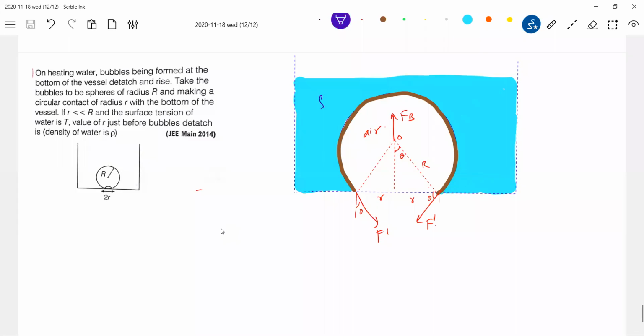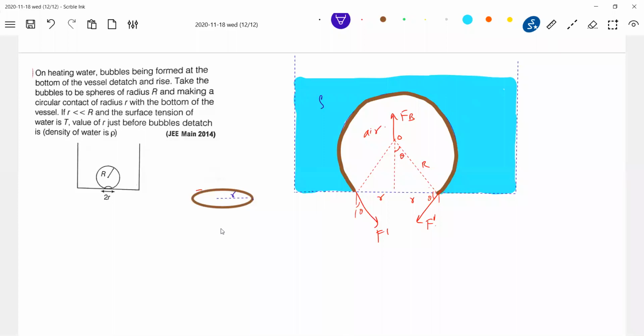Let me save it. Let's come for this one. Take it like this. This radius is smaller, we are showing.